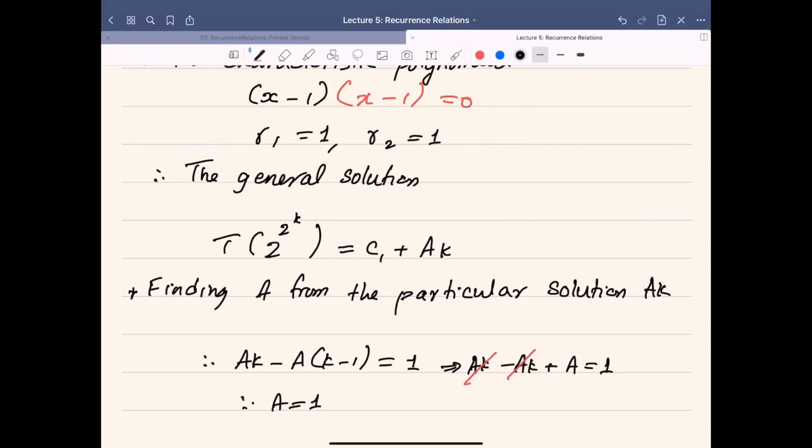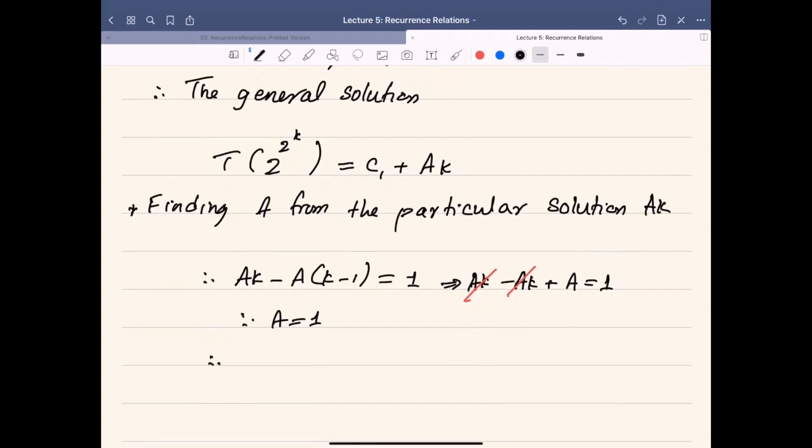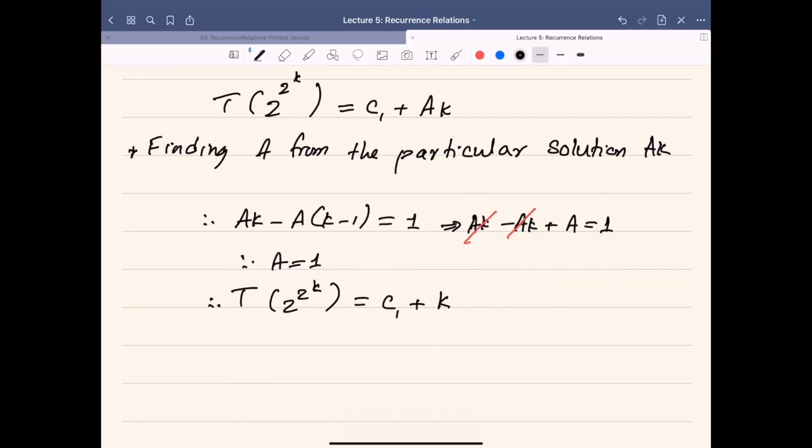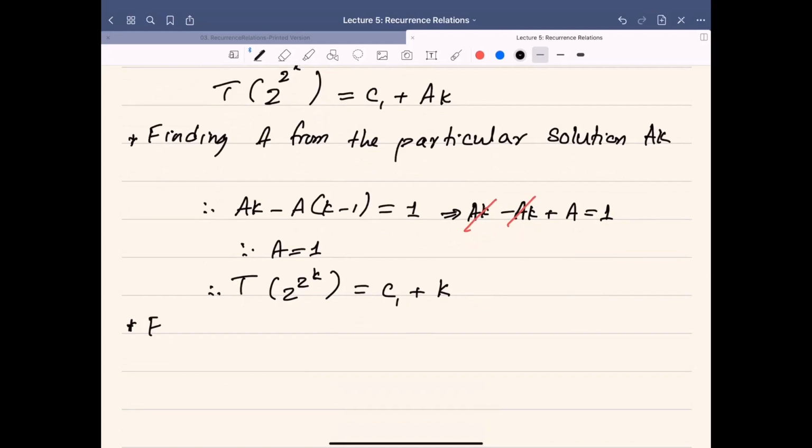Now we substitute into the recurrence relation. So we will have t of 2 to the power 2 to the power k equal to c1 plus k. Now finding c1 from the homogeneous part, which is from t of 2 equal to 1.